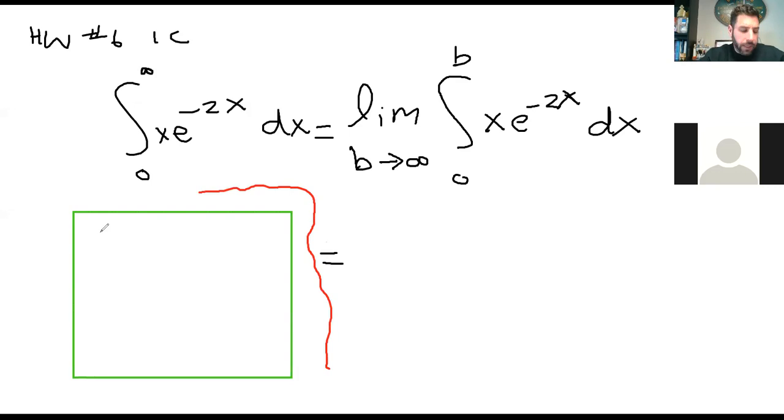The correct way to think about this integral is you need to set u to, I'm going to use 2x, and then that means that my du is equal to 2 dx. Now the reason I'm choosing 2x and not negative 2x is that just means I have one less minus sign floating around.